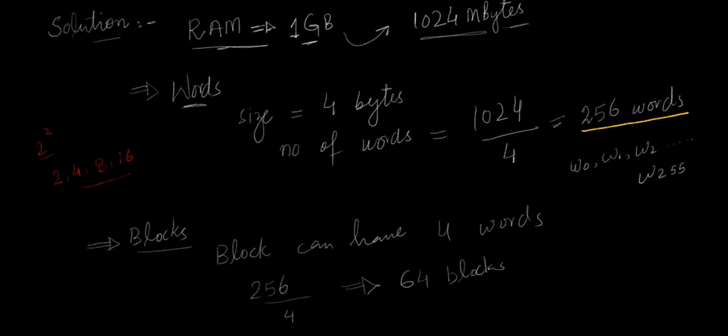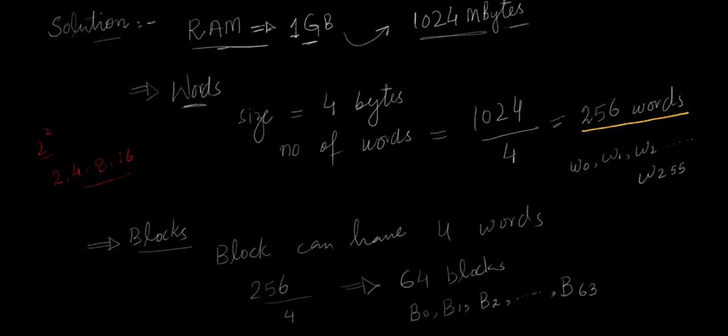So 64 blocks are going to store my 256 words. If I have 64 blocks, it means I'm going to have block 0, block 1, block 2, and up to block 63. As I explained earlier, it's going to end at 63, not at 64.